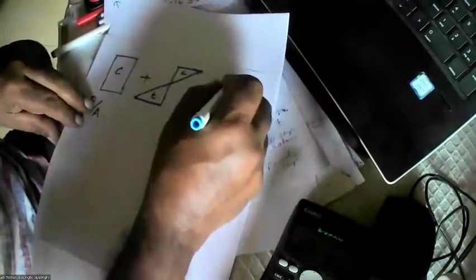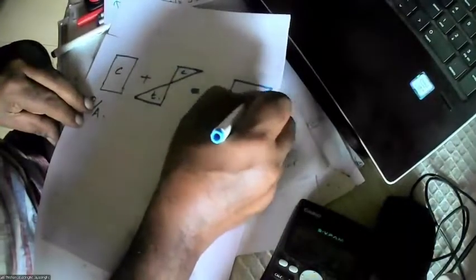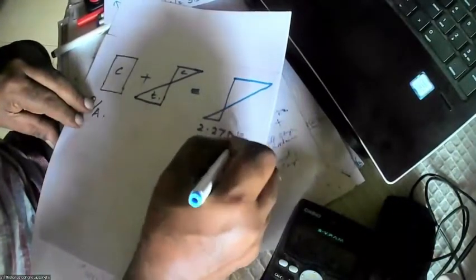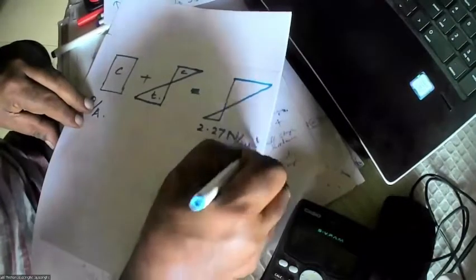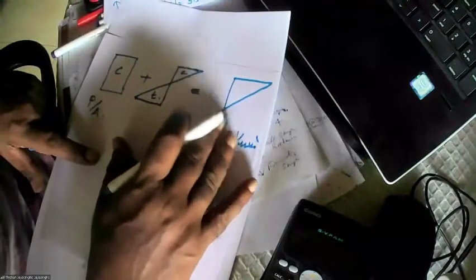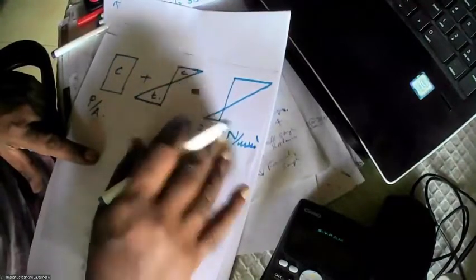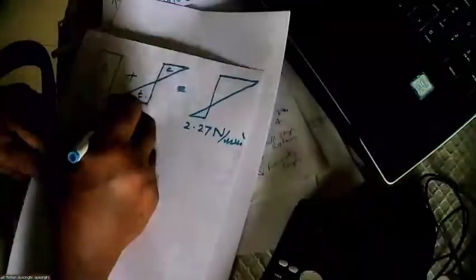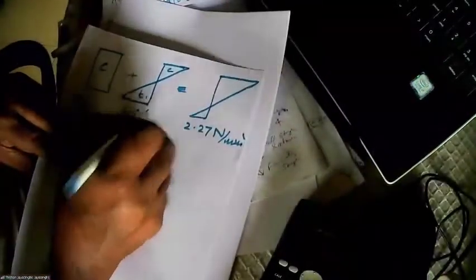So the final answer shall be what? This has to be 2.27. Can you understand that? Because the maximum tension allowed is 2.27. So what is the maximum tension there? 2.27. Right? And then this is 6.06.